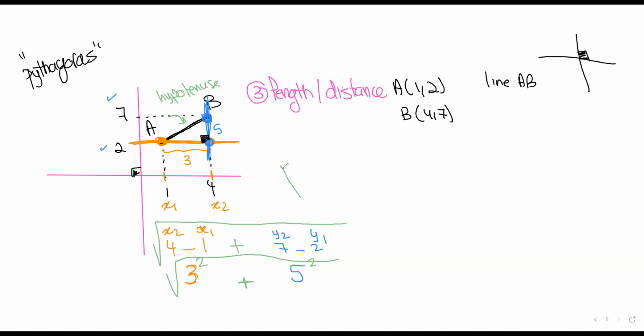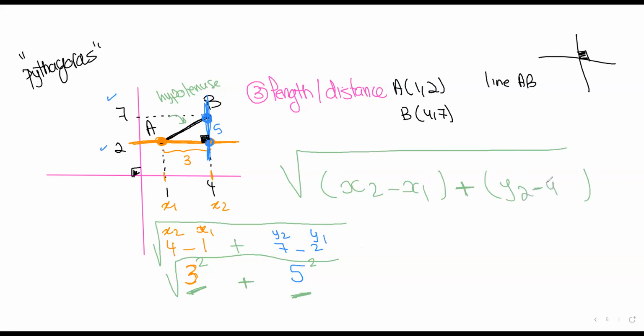The distance rule is actually an application of Pythagoras theorem. How did we calculate the 3? x2 minus x1. How did we calculate the 5? y2 minus y1. Why did I square them, add them and root them? Because this line over here is the hypotenuse in the right angle triangle.